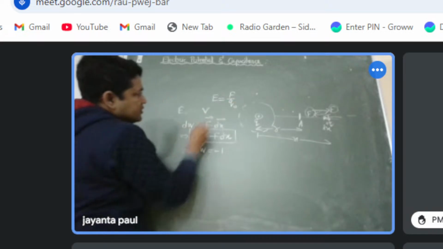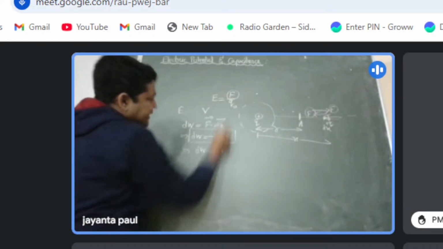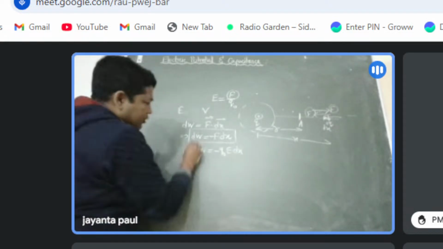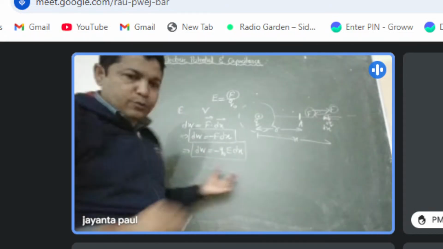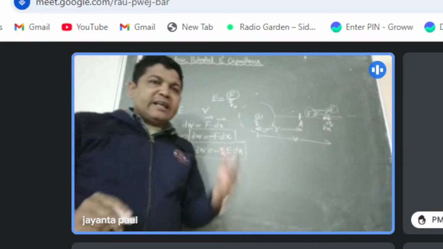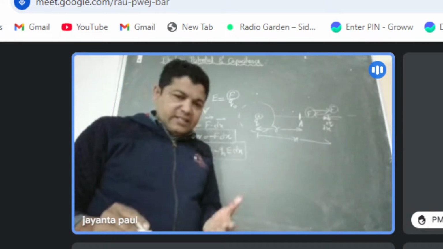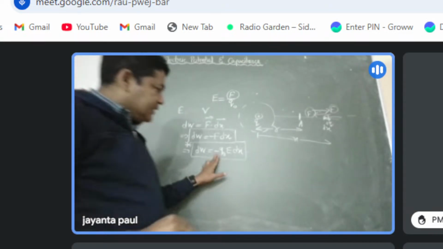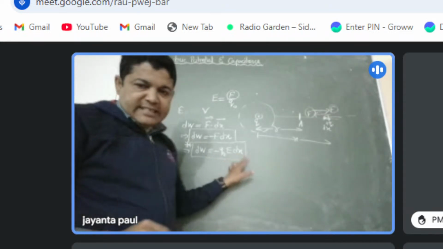So instead of F I can write q0 E dx. My suggestion to you is that whenever the relation between electric field intensity and potential is asked, always remember this formula, that dW is equal to minus q0 E dx.